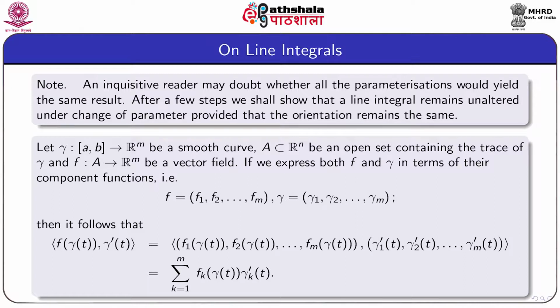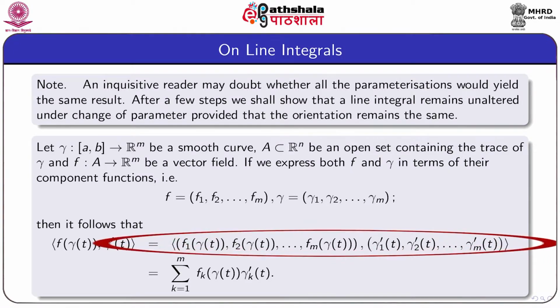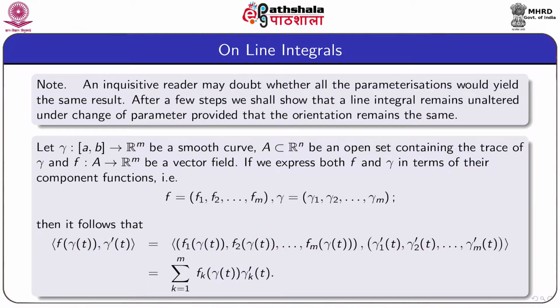Inner product of f(gamma(t)) and gamma dash t equals the inner product of the m-vector f1(gamma t), f2(gamma t) up to fm(gamma t) with gamma 1 dash t, gamma 2 dash t up to gamma m dash t, which equals the summation from k equal to 1 to m of fk(gamma t) gamma k dash t.